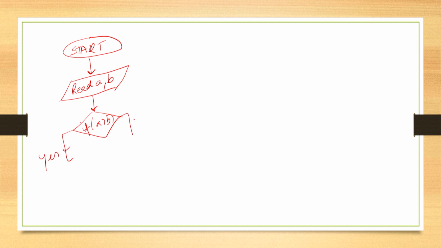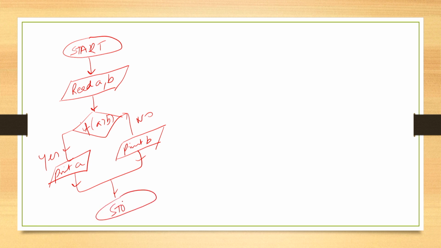First start, then read these two numbers A comma B, then you have to compare if A is greater than B. It may be either yes or it may be no. If it is yes, then print A, otherwise print B and then stop. So, this is the flow chart for finding the largest among two numbers.